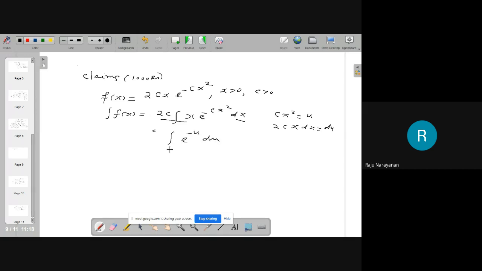When x is 0, u is 0. When x is infinity, u is infinity. Therefore, this is our standard exponential. E raised to minus u by minus 1, from 0 to infinity. E raised to minus infinity is 0, e raised to 0 is 1. Therefore, it is 1. So you don't need to worry about the total integral.